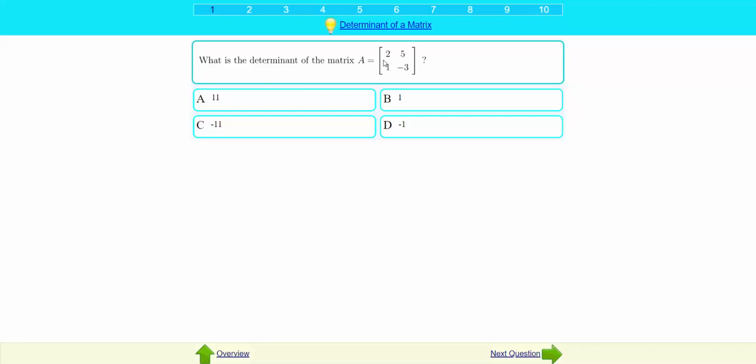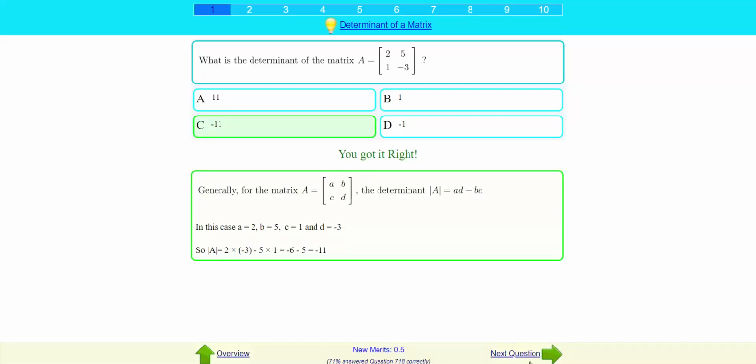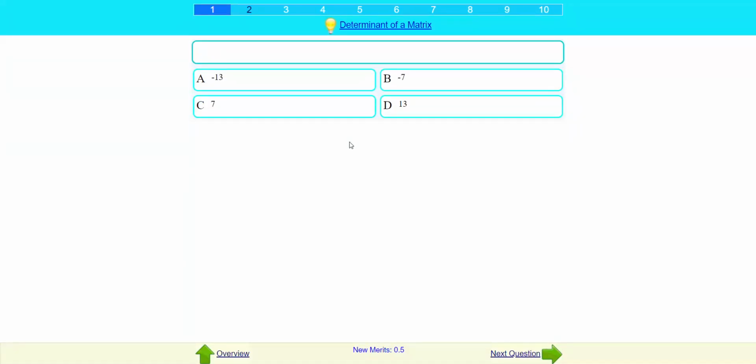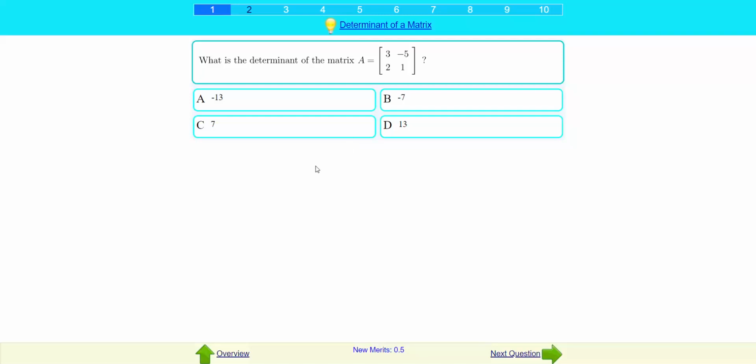So we get 9 minus, so 5 by 1 is minus 5. It's actually minus 11. So let's see if that's the right answer. Okay, this is 3 plus 10. That's 13.